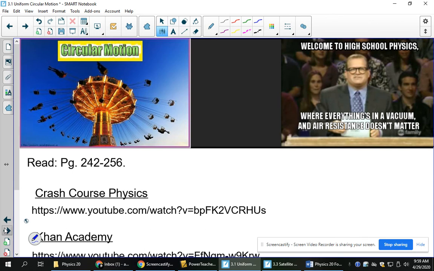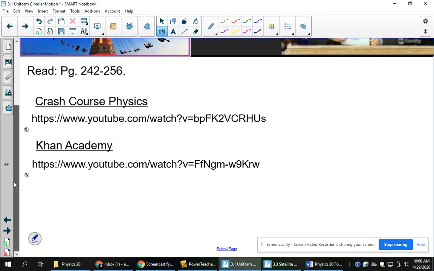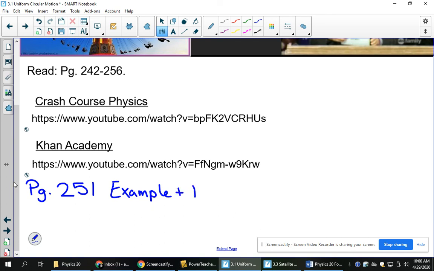I'm going to add here a couple things that you can do for this section. Yes, I need you to read page 242 to 256, but I also need you to do a few examples. On page 251, I want you to do the example in the textbook plus the practice problems. And I think there's 2 of them.